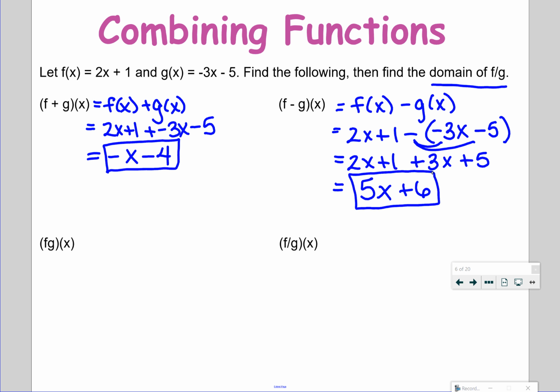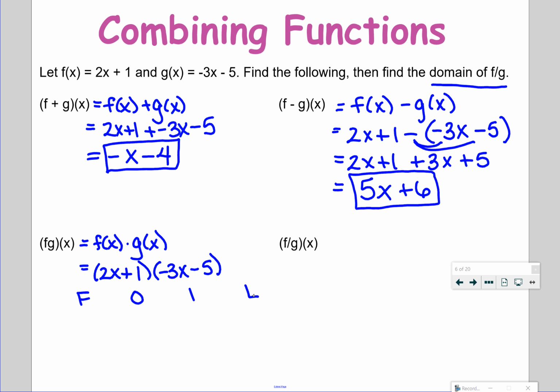F times g of x. So function f of x times function g of x. Function f of x is 2x plus 1. G of x is negative 3x minus 5. Notice I'm putting those both in parentheses because I'm multiplying everything in one function by everything in the other. And because I have 2 terms times 2 terms here, this is a FOILing problem. So review to do that.